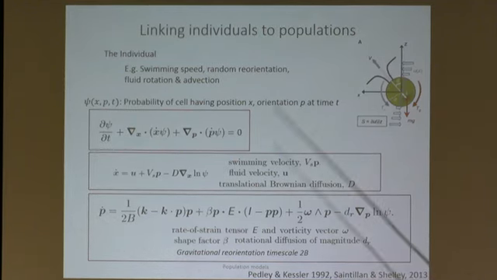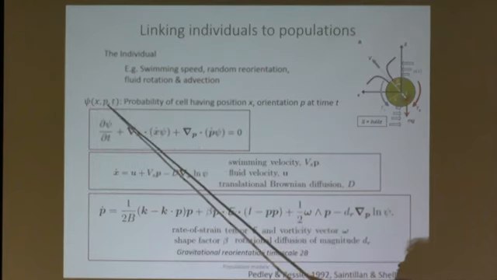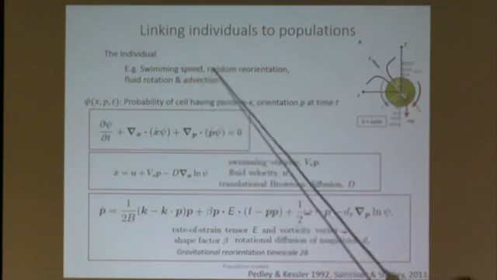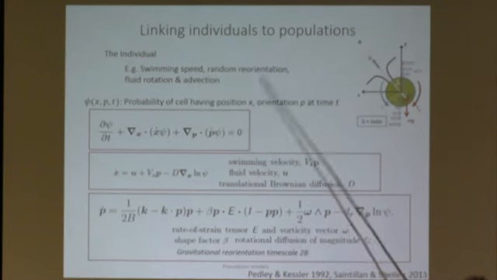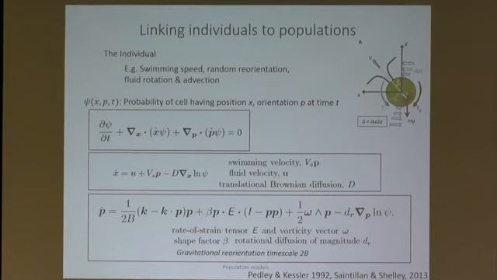Keeping track of the swimming direction is key if we want to specify how it reorients and what the effects of things like fluid rotation are. So the governing equation is simply a conservation equation.